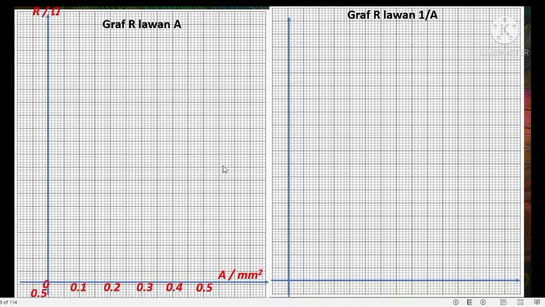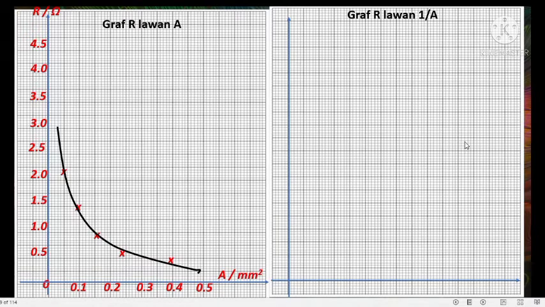Okay, you can choose a correct scale to plot the graph. The graph must be large enough. Transfer the points correctly and then draw the line. Okay, from the distribution of points, we also can see the graph is a curved graph. So we get this graph.